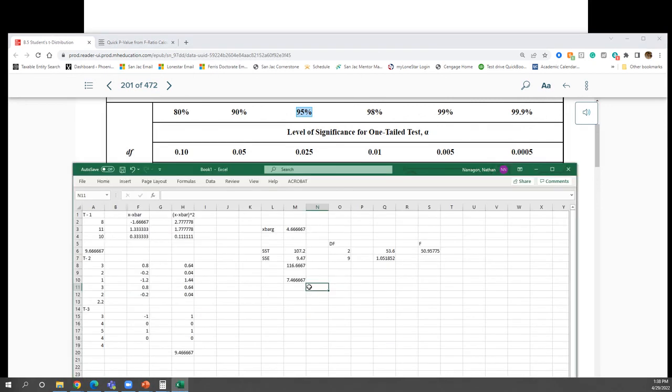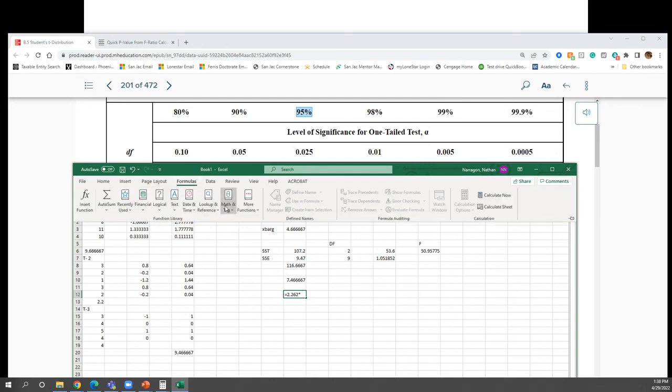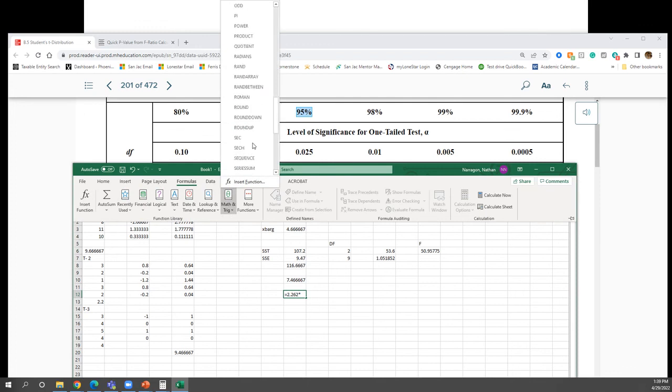So back to our Excel. Sorry. So our formula is taking our t value, okay, 2.262, and it's going to multiply, formulas, math, all the way to our square root.